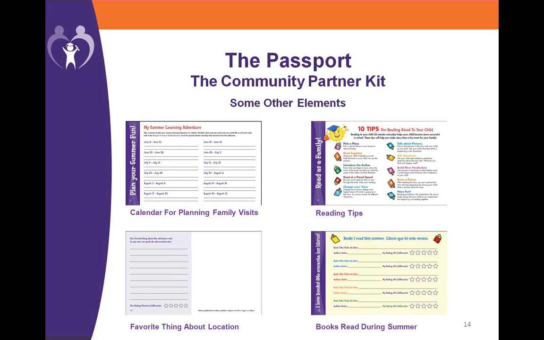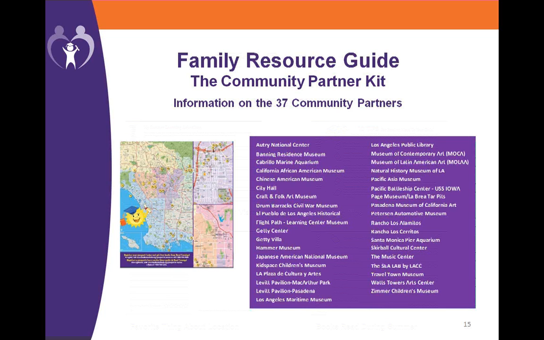We also have a page that has 10 tips for parents to read aloud to their children. We want to encourage the children to keep reading throughout the summer. There's another page at the bottom left where students and families can write their favorite things about the locations they visit. And finally, at the bottom right, a page where students can list books that they read through the summer. So these are just some other pieces of information that are included in the passport.